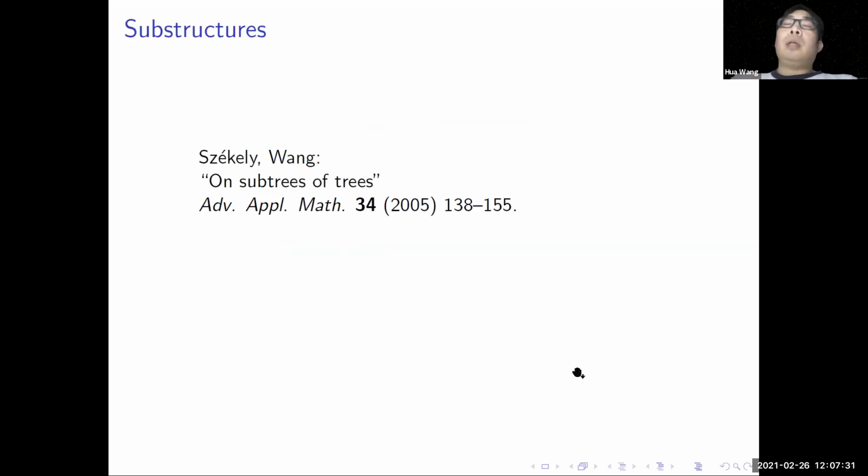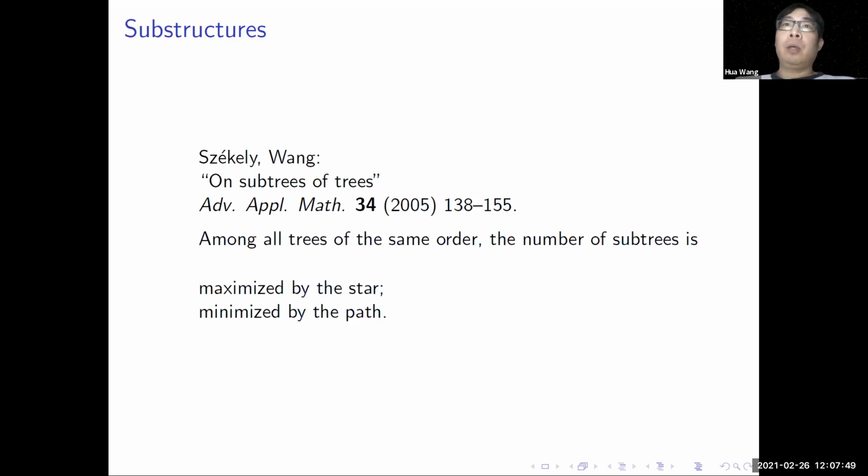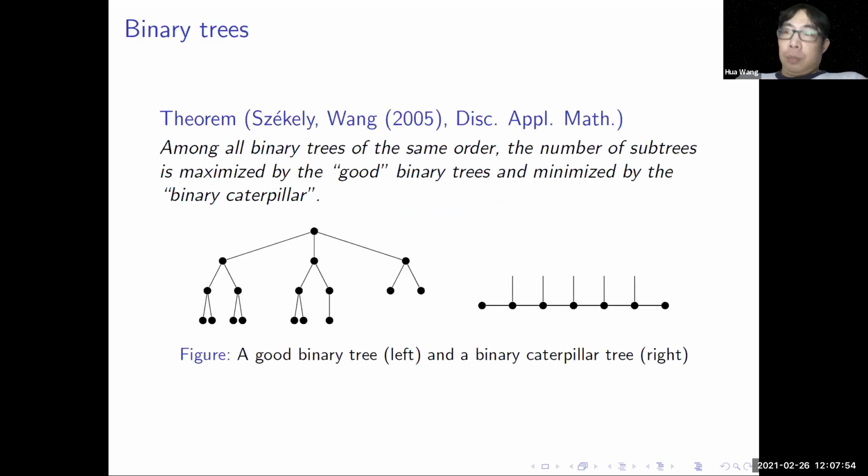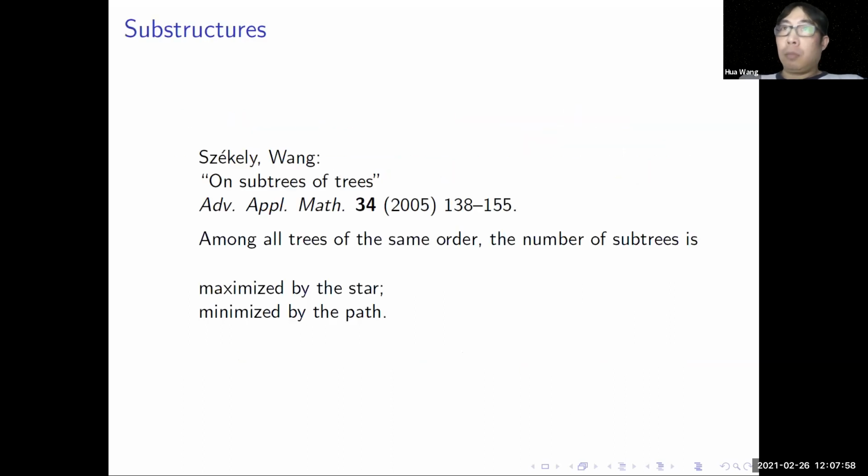And then it turns out that there are other graph invariants that also share the star and the path as the extremal structure. One of them is the so-called number of subtrees, and it turns out they are maximized by the star and minimized by the path.